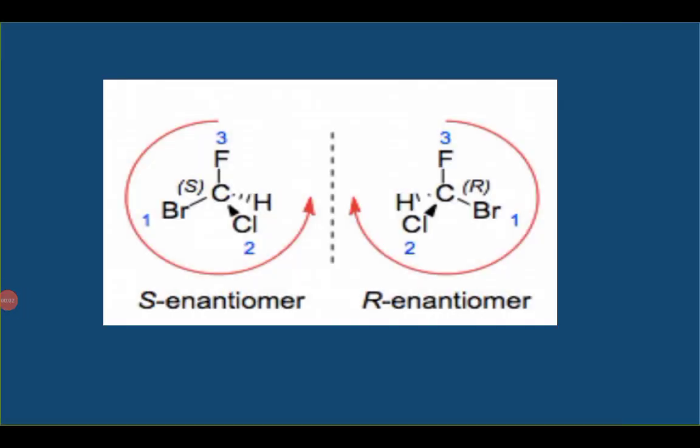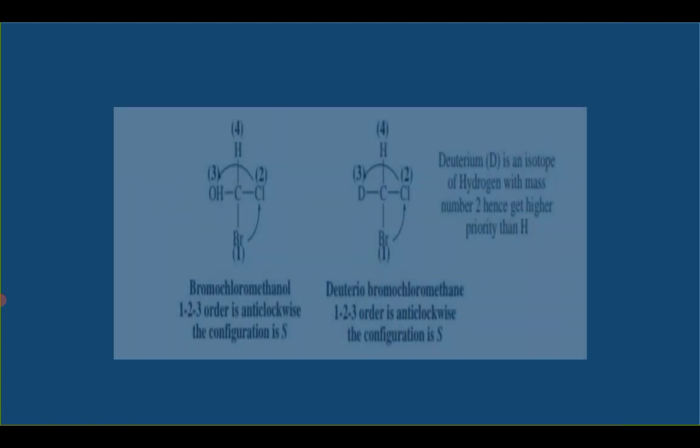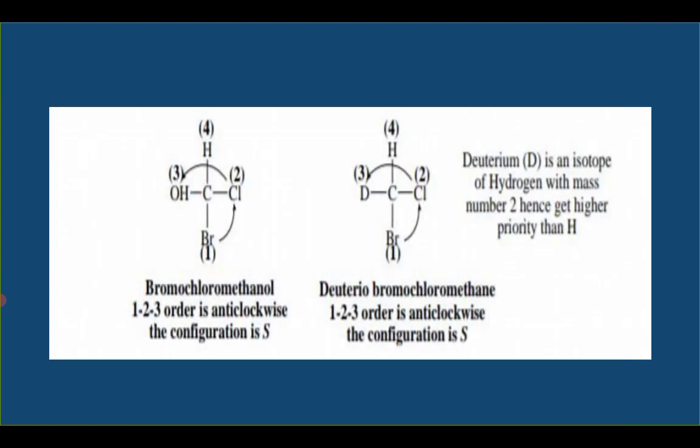Next example. In this example, the sequence is anti-clockwise, meaning the atomic number of bromine is greater than that of chlorine, which is greater than that of the hydroxy group, which is greater than hydrogen.